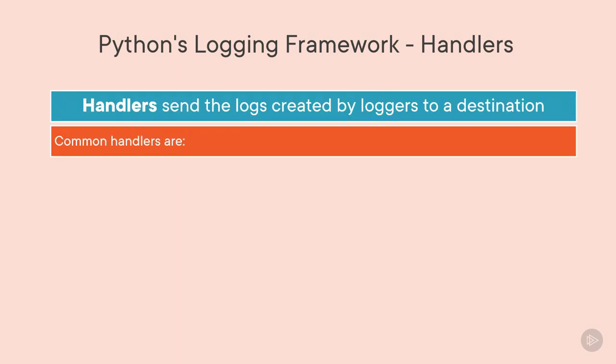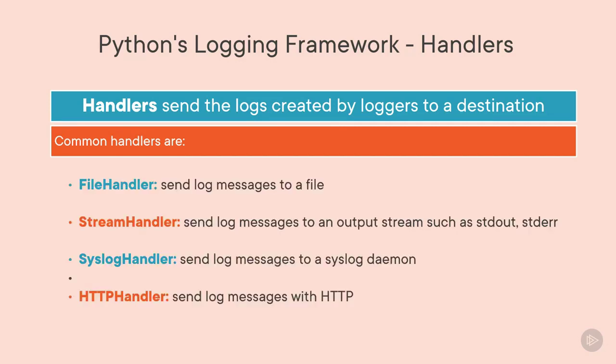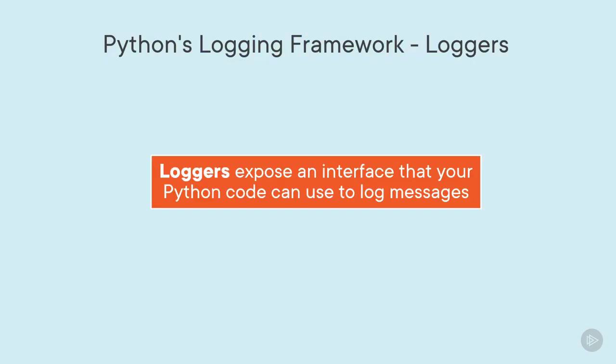Now, Python's logging framework consists of these following components. Handlers is the first one, and what handlers does is sends the logs created by loggers to a destination. And common handlers are file handler. So with that one, you would be sending the log messages to a file. Stream handler, and you would be sending that to a stream such as standard out or standard error. Syslog handler, so you're sending that to a syslog daemon, or even HTTP handler, and you're sending those log messages to HTTP. The next one is loggers.